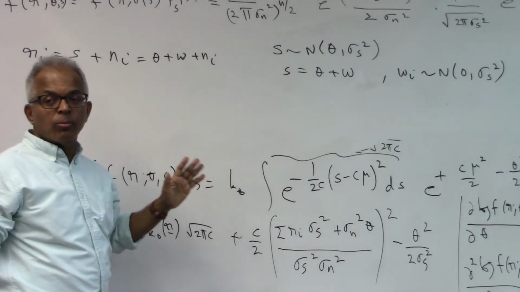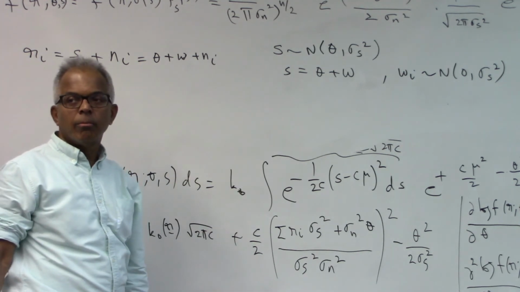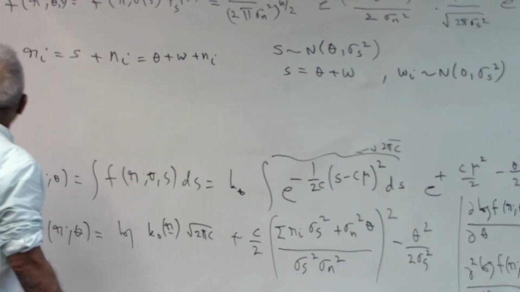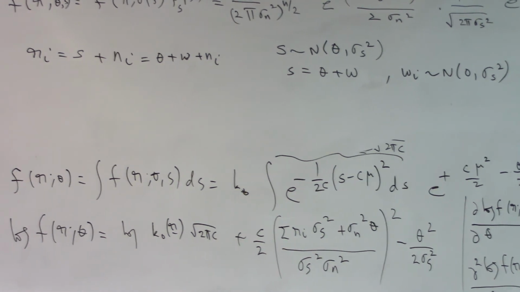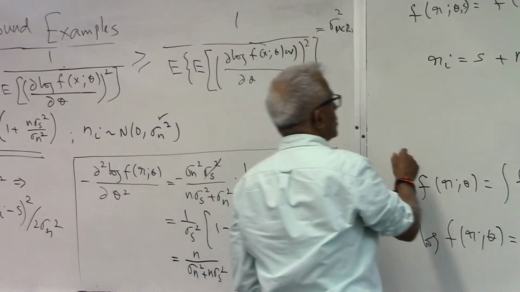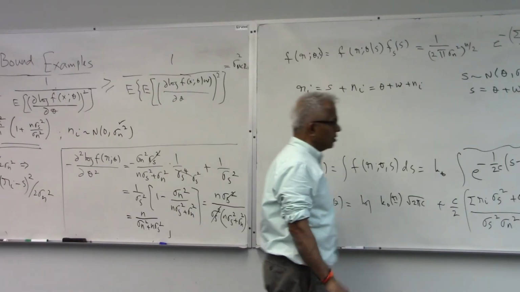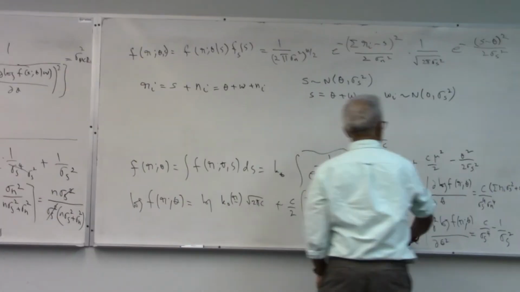So for that, I am going to condition it on W, and then I'll use this result. I don't have to write all this, because we wrote all this before.